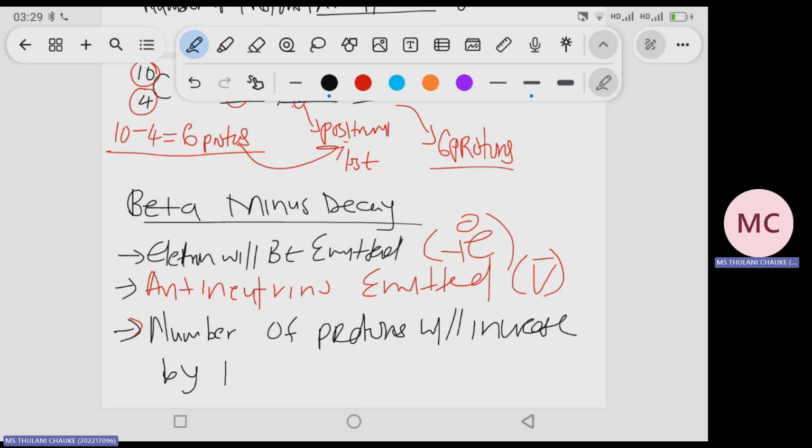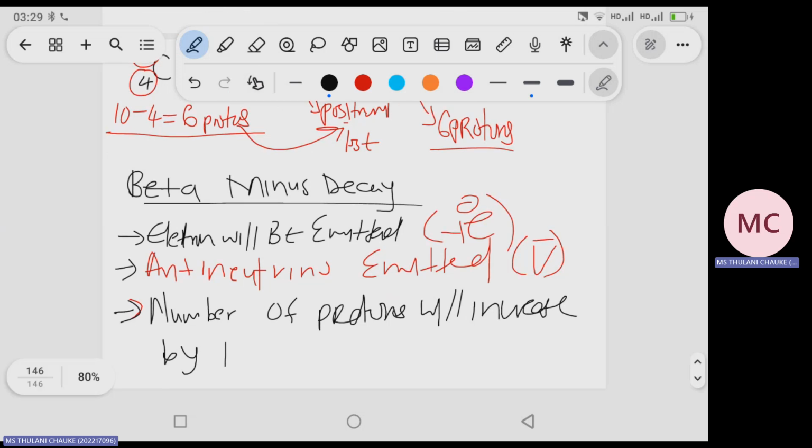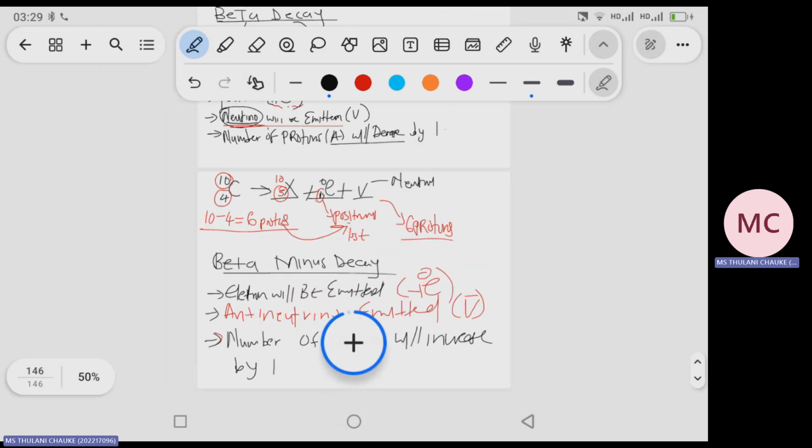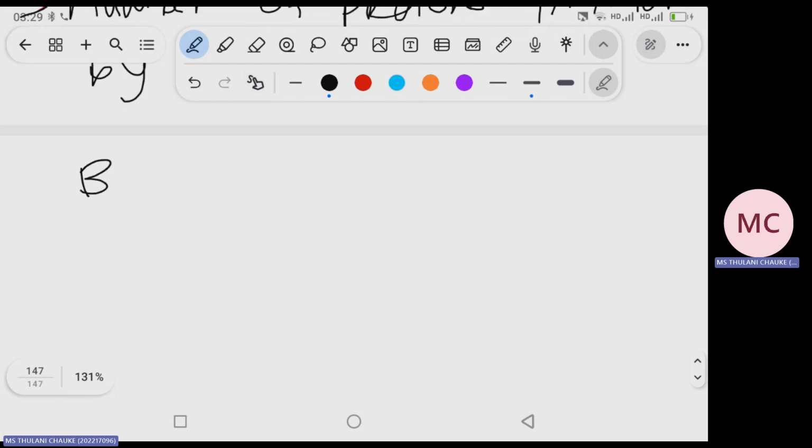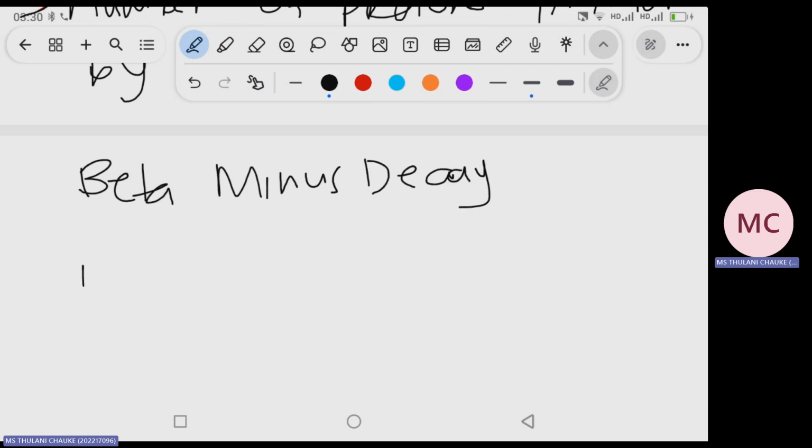So for an example, let's say for beta minus decay, I wanna get an example from your guide, but let's just take any element.